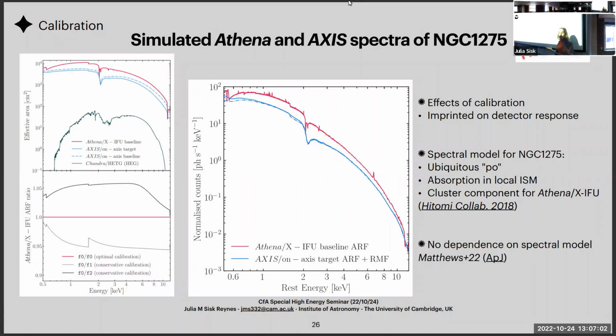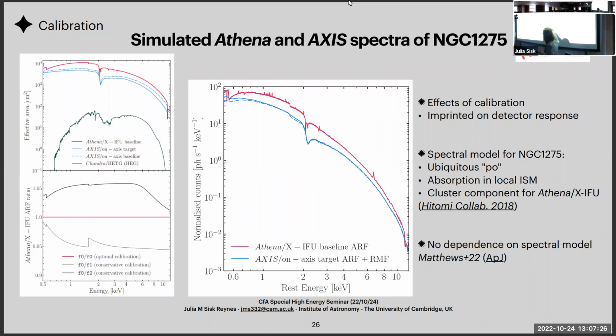So what we have done is to try to answer how well Athena and AXIS will be able to do in terms of constraining low mass axions with a 200 kilosecond observation of NGC1275. This is again the central engine of the Perseus cluster.